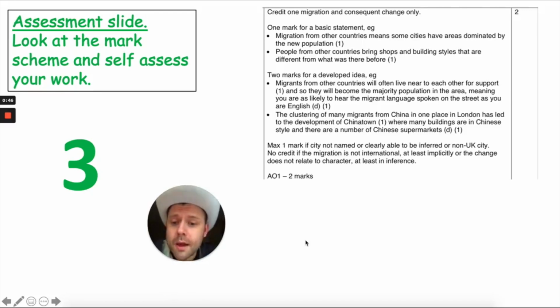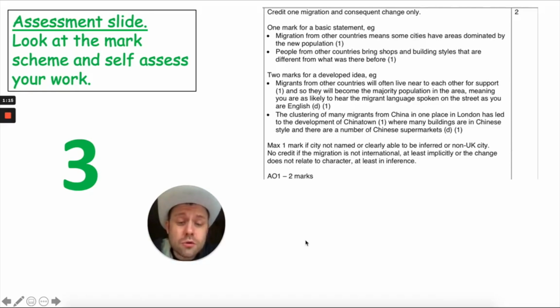I would talk about migration from other countries, e.g. China. A lot of these people live in similar areas, and as a result, Chinatown's developed. The architecture of the buildings is Chinese in origin, and the culture and the shops around there, they sell Chinese food, and that's how you would access the marks.